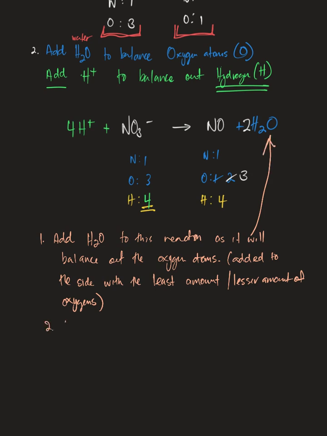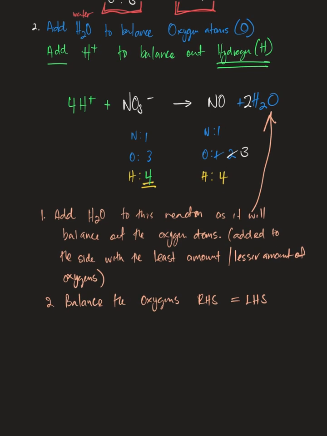The second thing is we must make sure it balances the oxygens. That means the right hand side in terms of oxygen must be equal to the left hand side in terms of oxygen. The next thing, we know by adding the water it sorted out the oxygens, but the third thing is that adding H2O also adds in hydrogens.